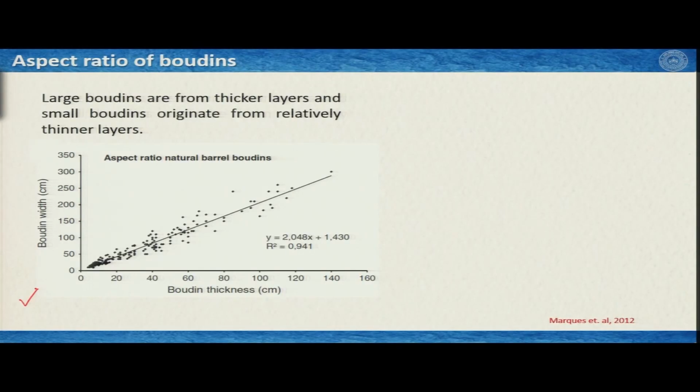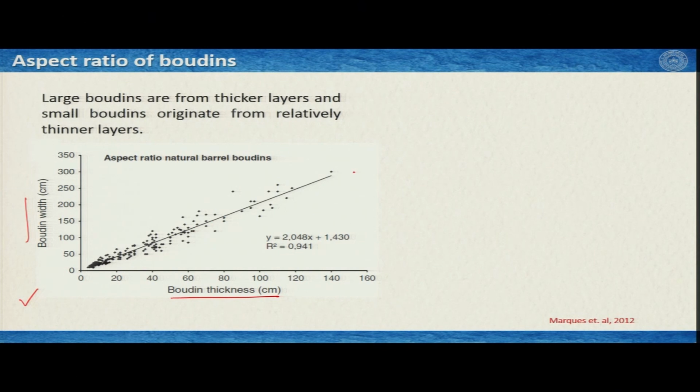So, general observations, as you can see here from this illustration, it is from Marcos et al. 2012, that large boudins are generally from thicker layers, and small boudins originate from relatively thinner layers. So, this is the plot of boudin thickness versus boudin width.